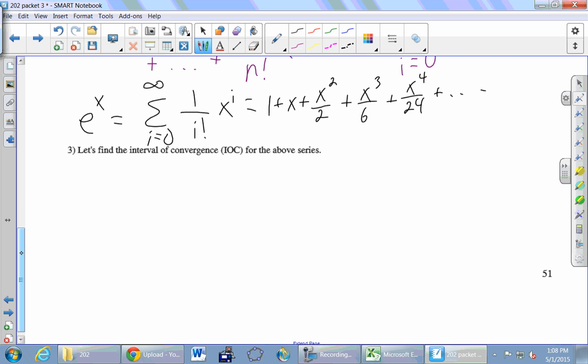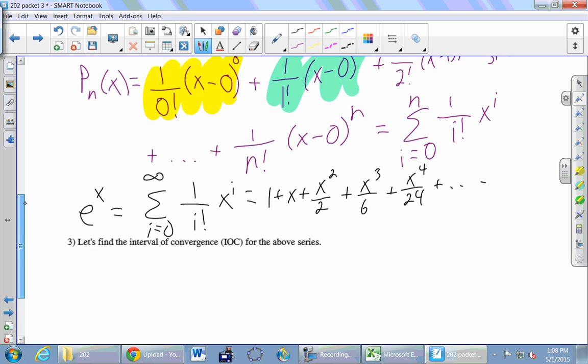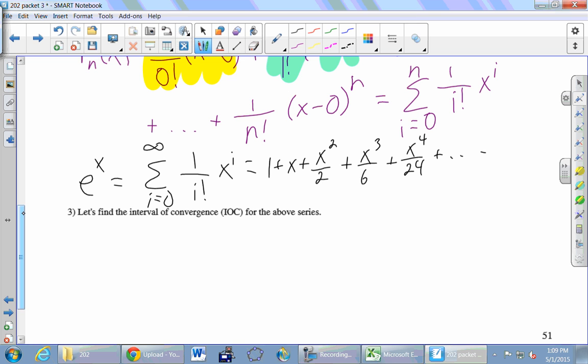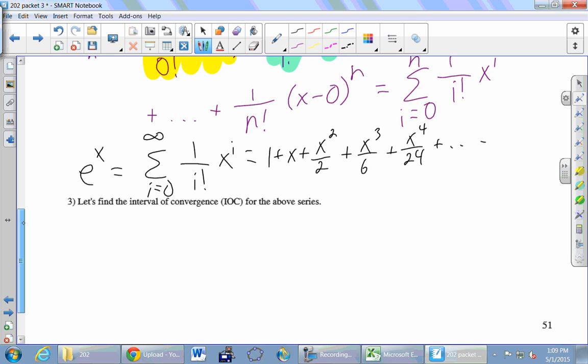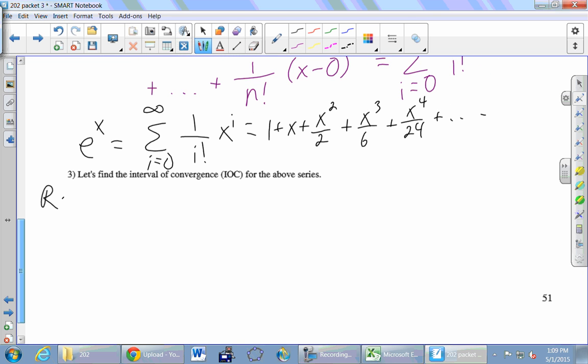So let's do the ratio test. Our generic term is this last guy up there. The ratio test involves a limit as n goes to infinity. I guess I is going to infinity now, and n is throwing me off. So what do we have here? Replace all the I's with I plus 1s.